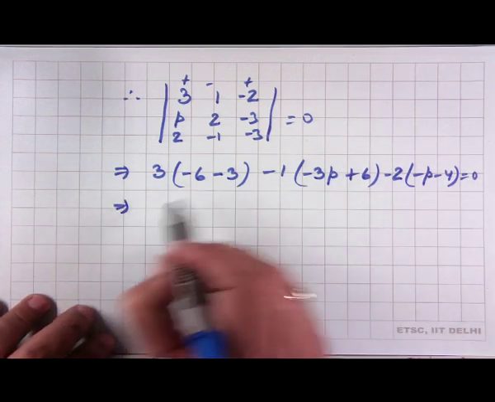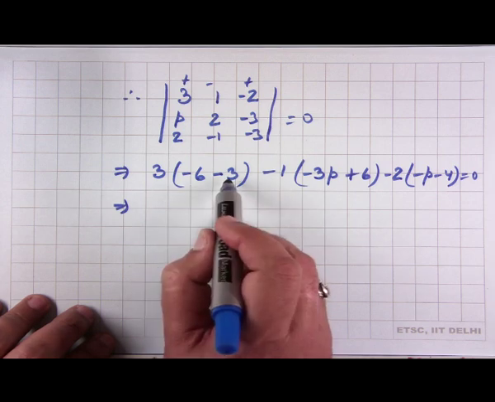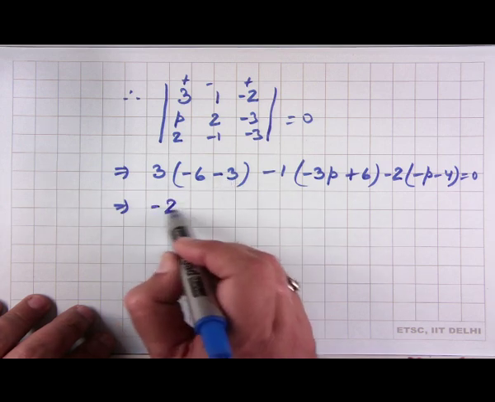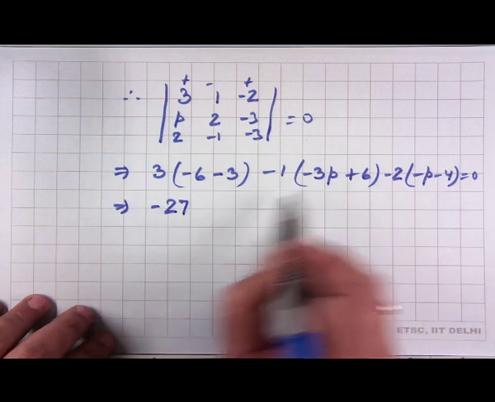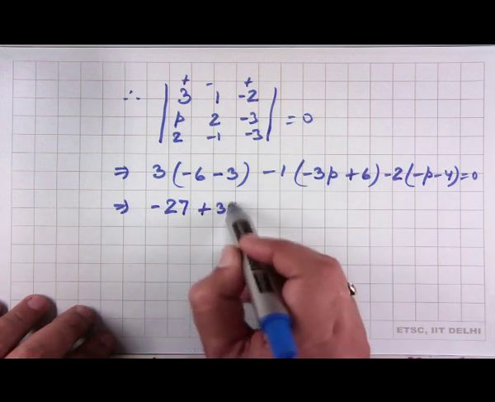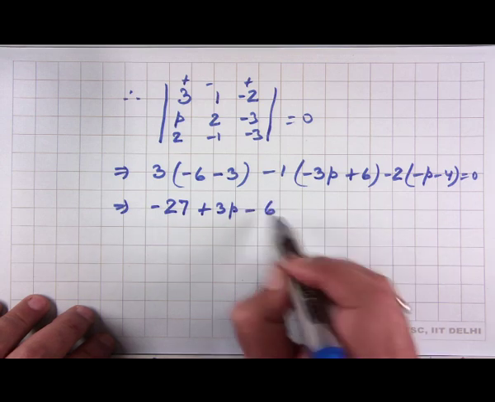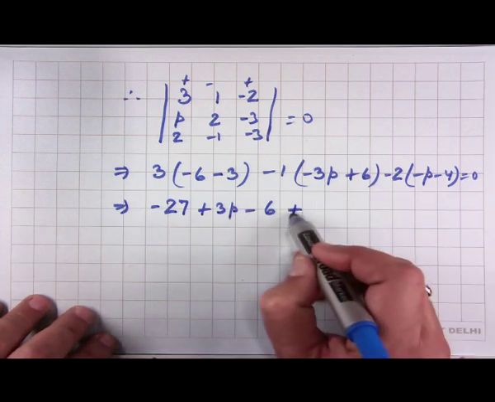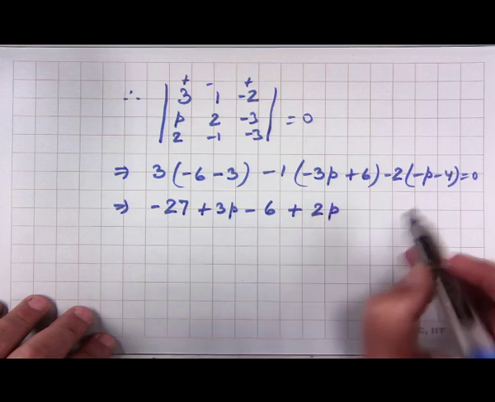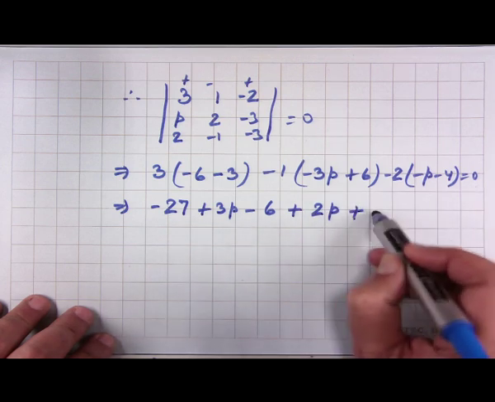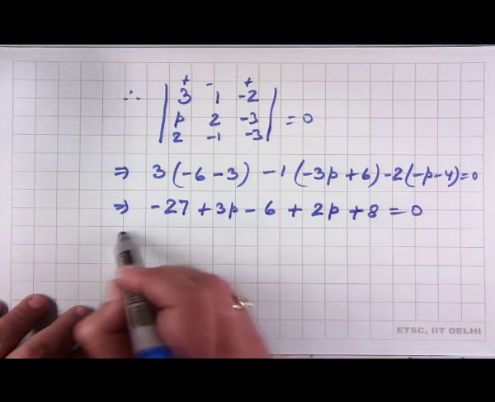So this implies minus 9 minus 27, plus 3p minus 6 plus 2p plus 8 equal to 0.